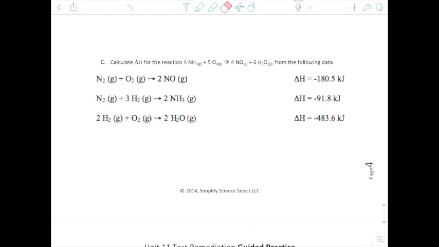Looking at this problem, it says calculate the delta H for the reaction. Remember that we have to look at our products minus our reactants. The one thing to keep in mind here is that you have coefficients of 4 and 6 for our nitrogen monoxide and our water, and also a coefficient of 4 for our ammonia.